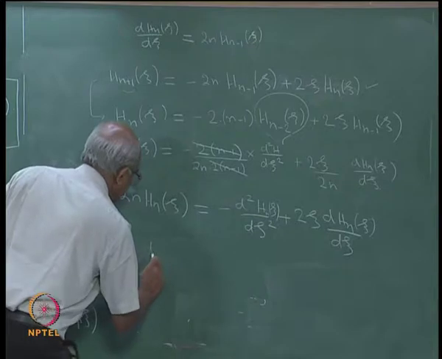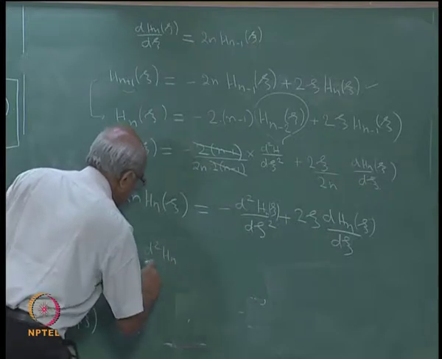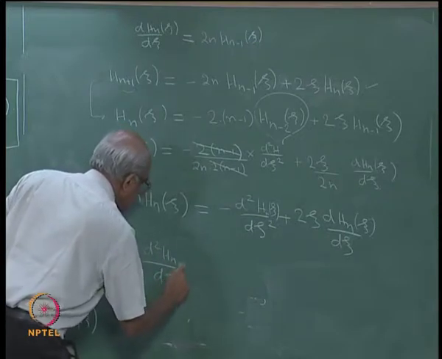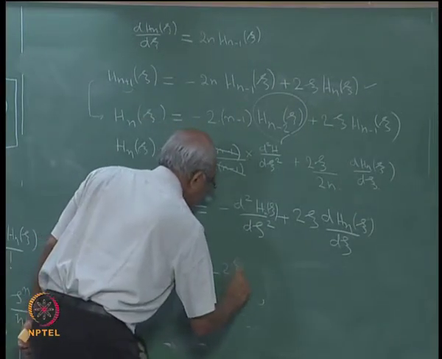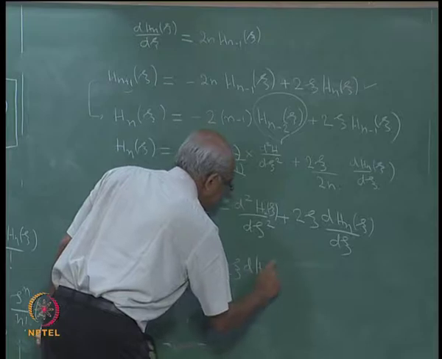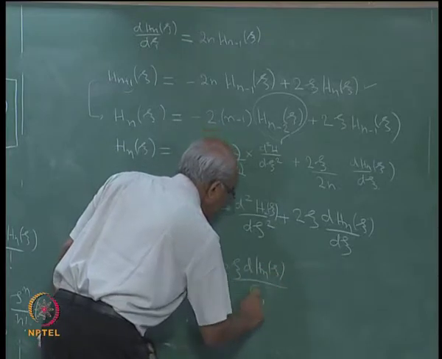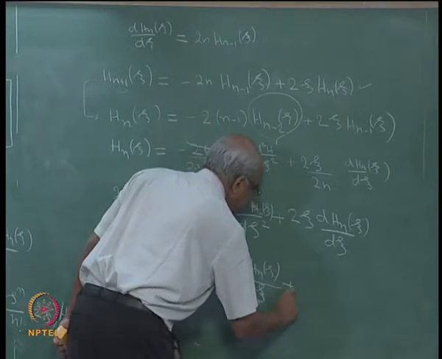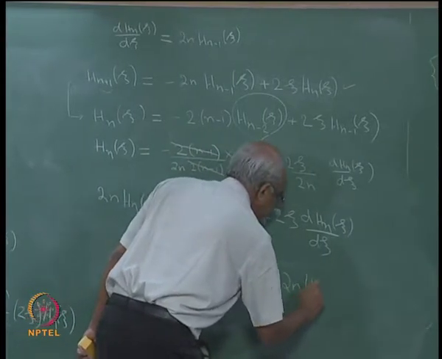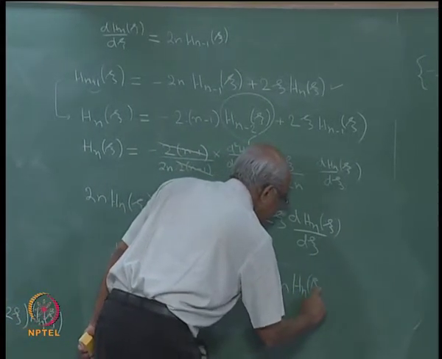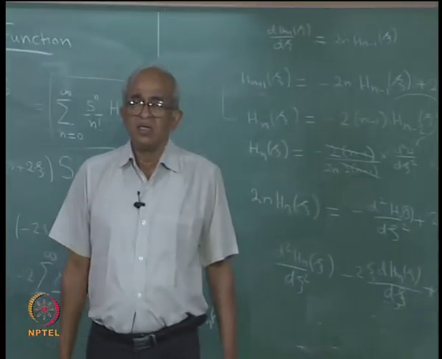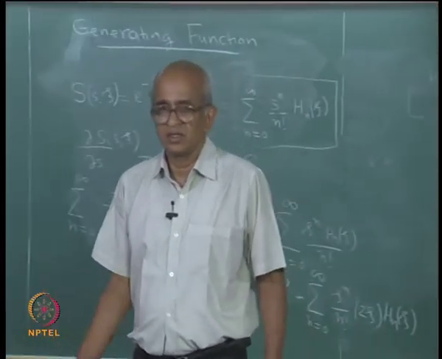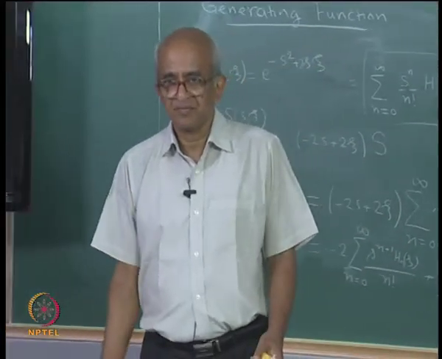You are going to get d square h n by dc square, right, and that is the answer that I wanted.